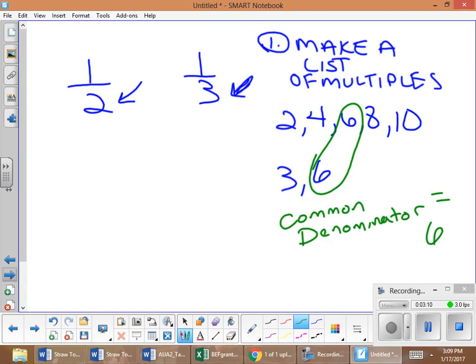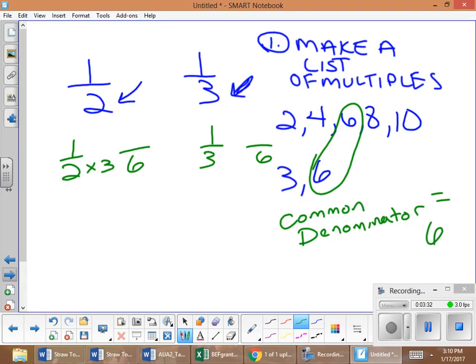But I'm not finished, because that's only finding the common denominator. Now I have to change them. I'm going to write it down here again: this 2 to a 6, and this 3 to a 6. What did I multiply the 2 by to equal 6? You guys know that that's 3.